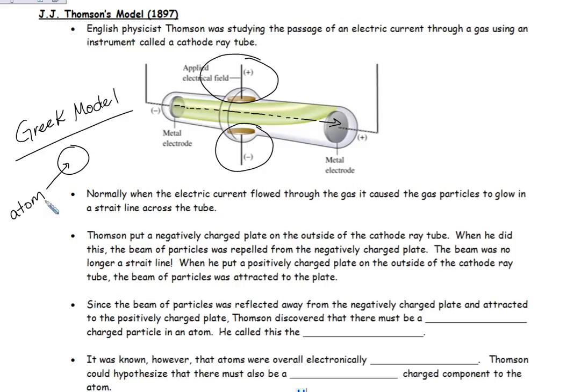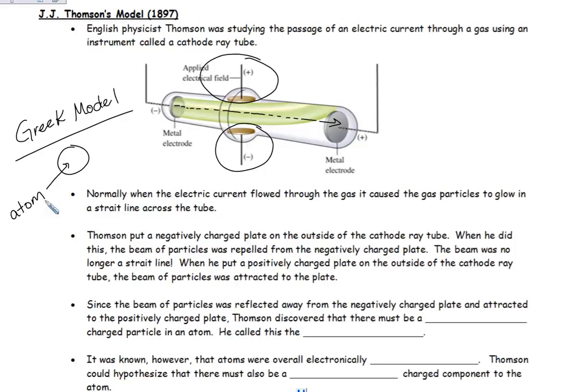Until now. So atoms are these tiny particles, and they also knew that they were neutral. And so they thought, okay, if atoms are just these tiny little neutral particles, they should not be affected by a charged field. So if I put a positive field against this laser beam with these glowing atoms, it shouldn't affect the beam of light.